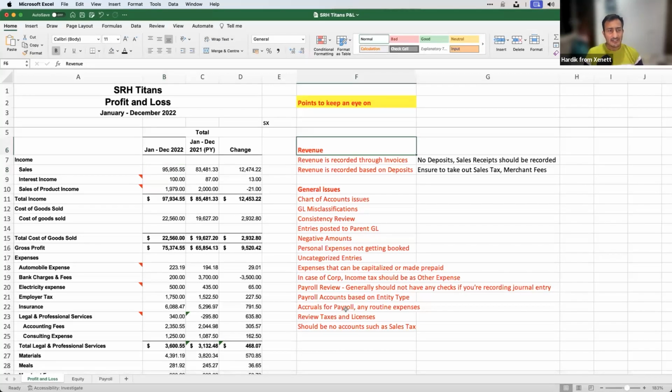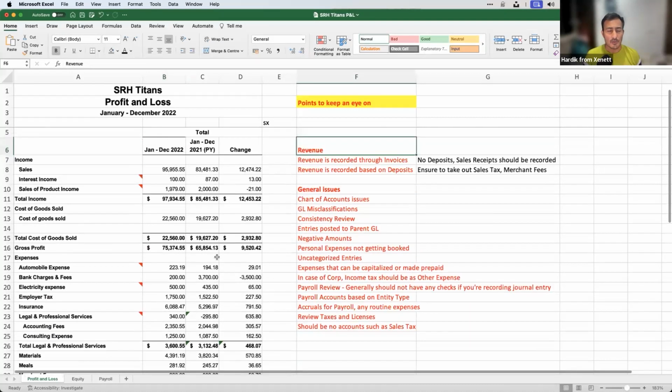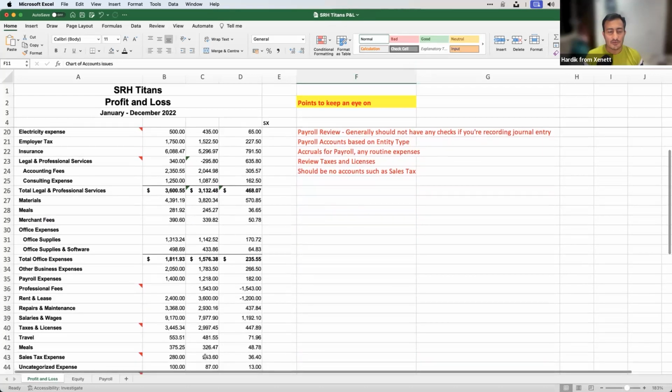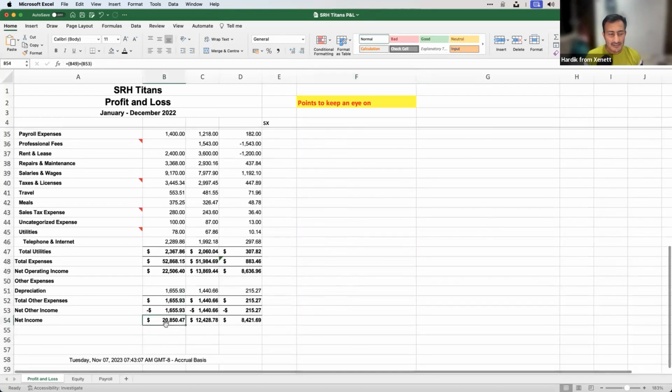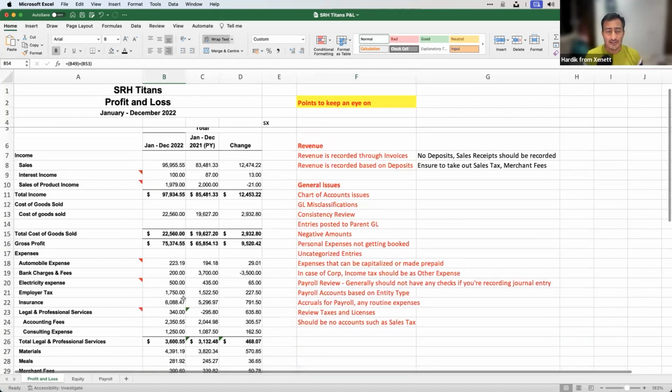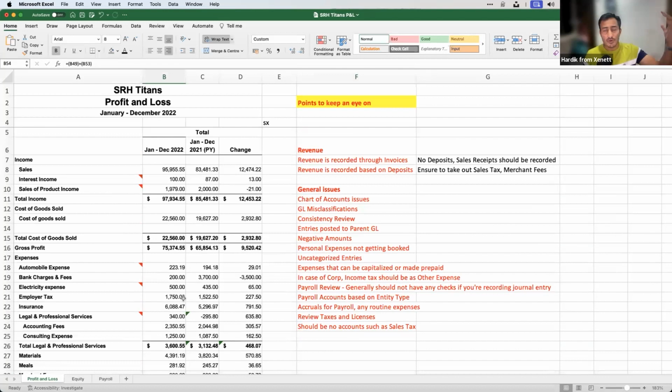Now, there are typically different issues that we pay attention to whenever we review the profit and loss accounts. Number one is we keep an eye on chart of account issues. Sometimes it may not really matter because some accounts may not really impact the bottom line. Your bottom line might remain the same, but it's not a fair representation of your profit and loss statement.